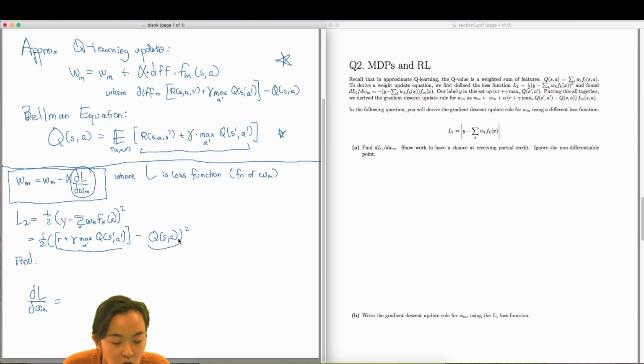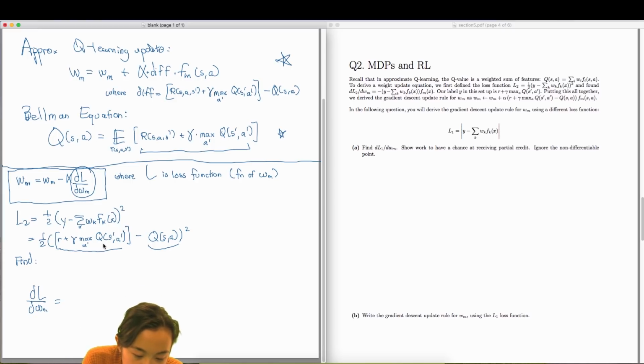Because we always want to minimize loss, so we're going to try to minimize the difference between these two values. That makes a lot of sense, because if you think back to the Bellman equation, our goal in all of RL has been to try to get the Bellman equation to hold with equality. So you know you found the optimal Q values when this equation holds with equality.